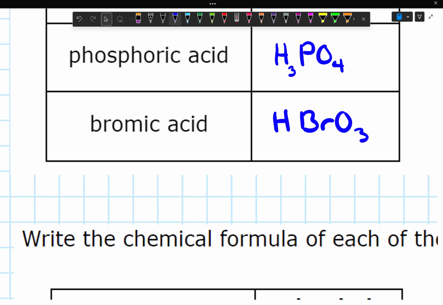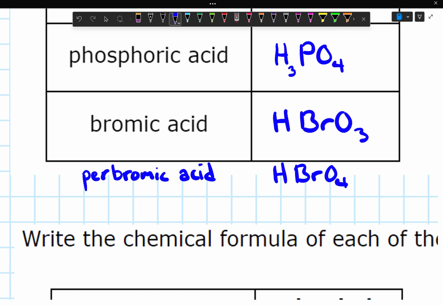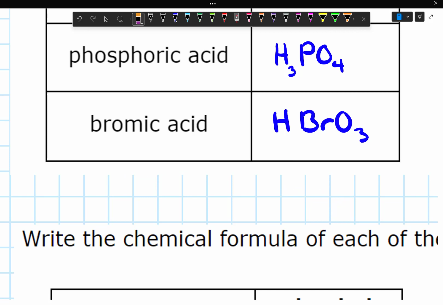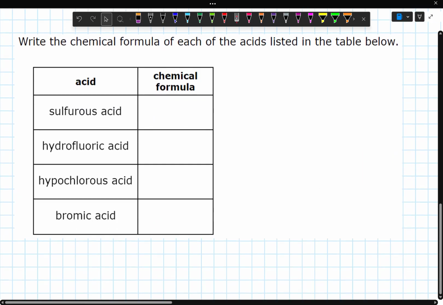So if this were perbromic acid, then that would be BrO4, right? And same thing, this -1 plus 1 would cancel, so that would be perbromic acid. But because we don't have the per prefix, we know that this IC just refers to ATE, which is bromate in this case. We have one other example.